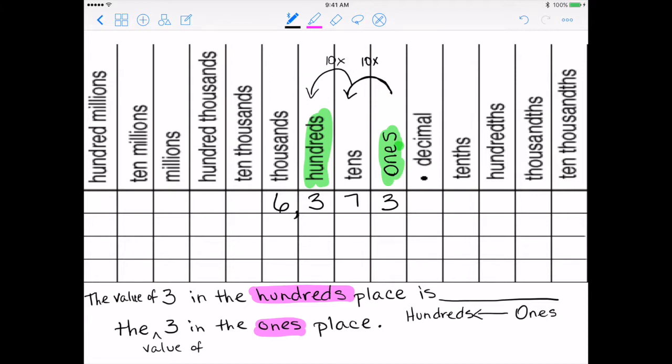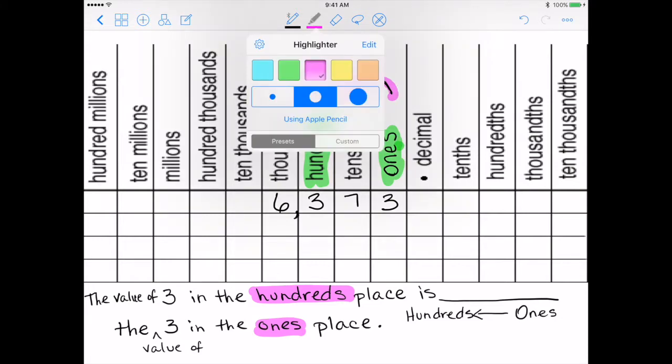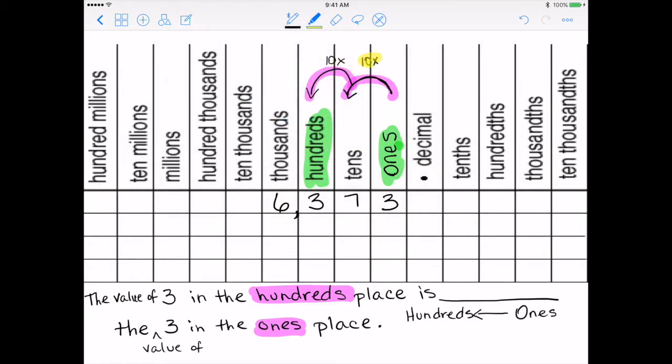So now if you look up at your place value chart, you'll notice that we jumped 2 times from the ones place value to the hundreds place value. But we don't want to say 10 times 2. We actually have to multiply 10 times 10.